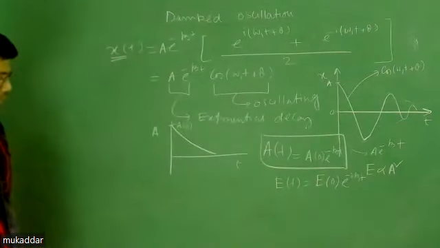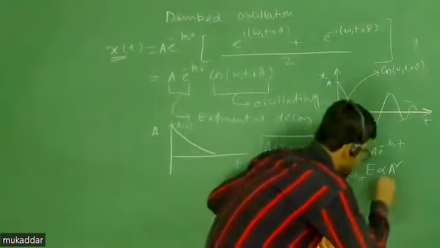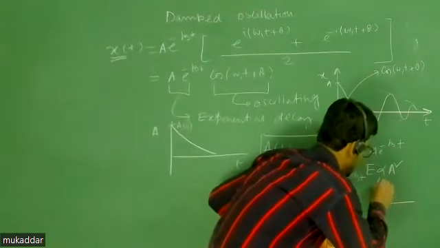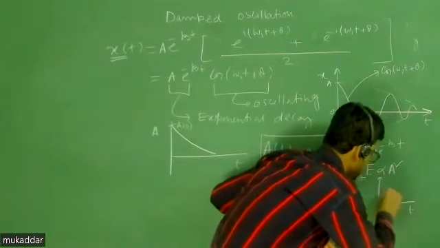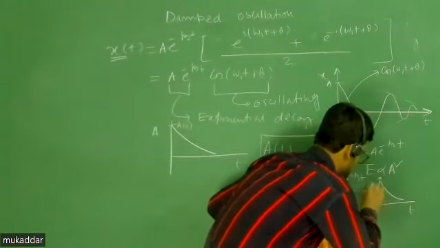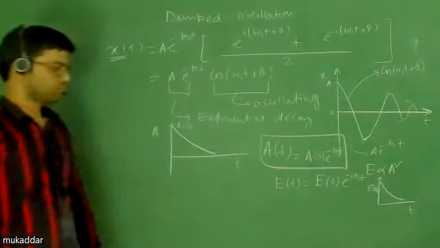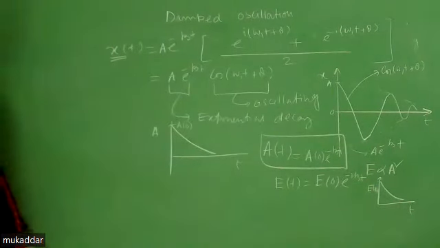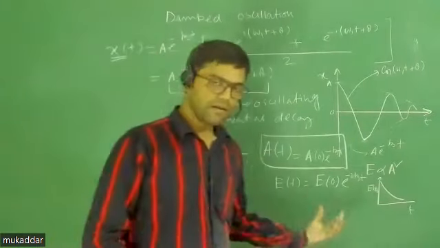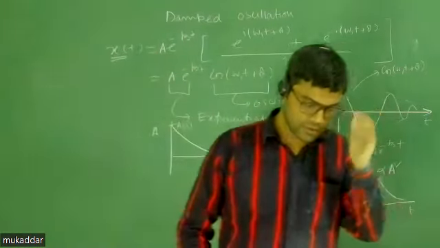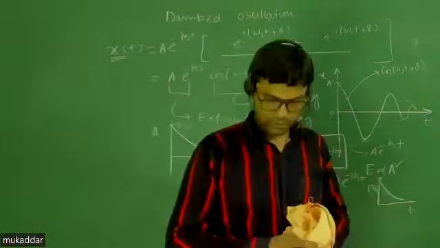Okay. So how will we represent that? You'll have energy in the oscillator, and with time it will decrease. So this is your E of t. But why is that energy decreasing? Energy should be conserved, right? Why is the energy decreasing?